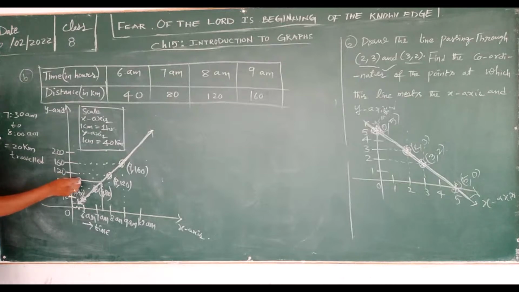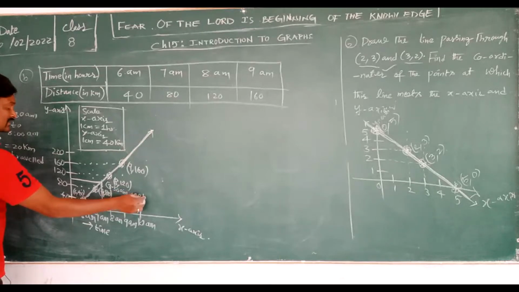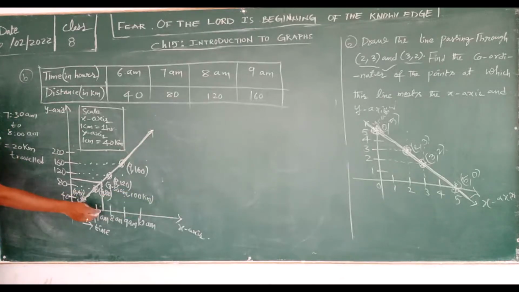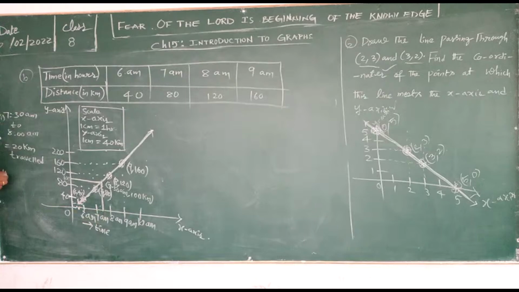So when you draw here, you already observed this is 7:30 a.m. So 100 kilometers is covered at 7:30 a.m. Now you observe clearly, 80 and 120, the middle you get as 100, and here the time is between 7 and 8, which means 7:30 a.m.